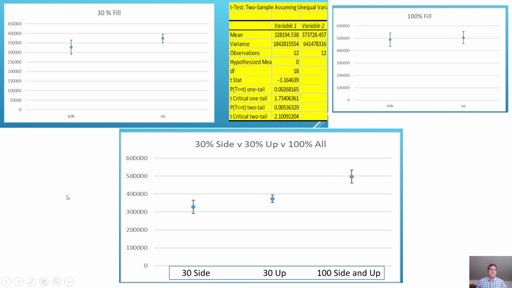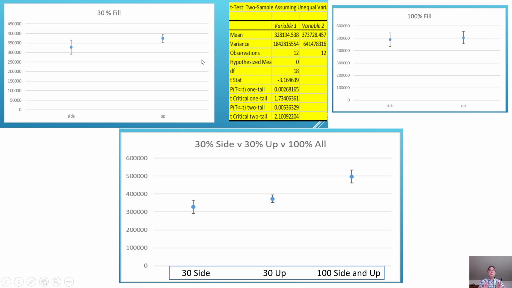Fill rate mattered. Okay, whichever approach you took, people came to the same conclusion that fill rate definitely mattered. Orientation mattered for 30%. It did not matter for 100%. That's great. One of the objectives of our experiment was to determine that. But the other objective was to understand what E is so we could use it when we're doing designs. Most of you left that piece out.